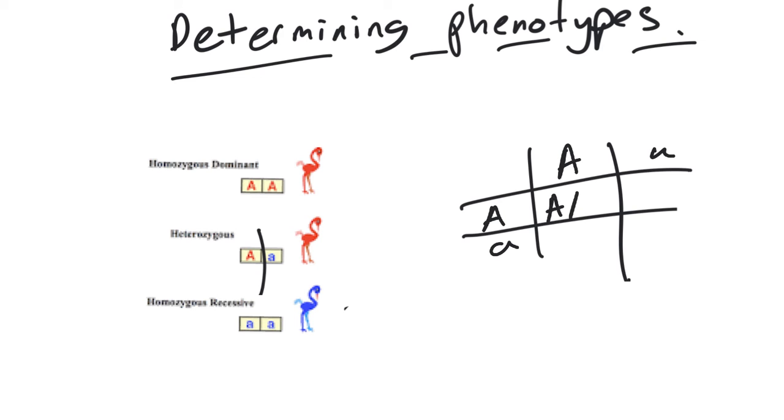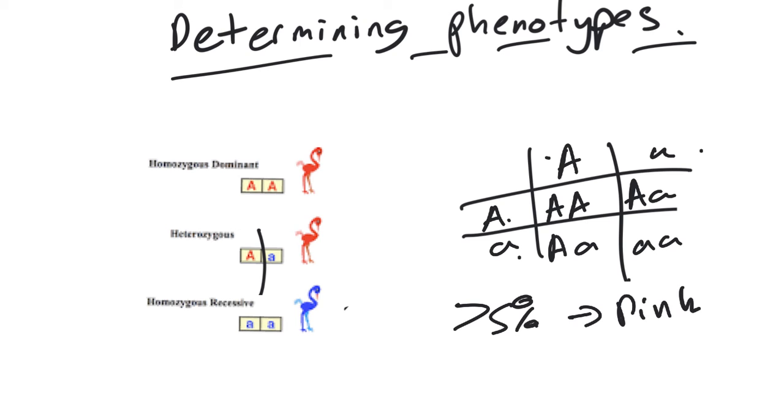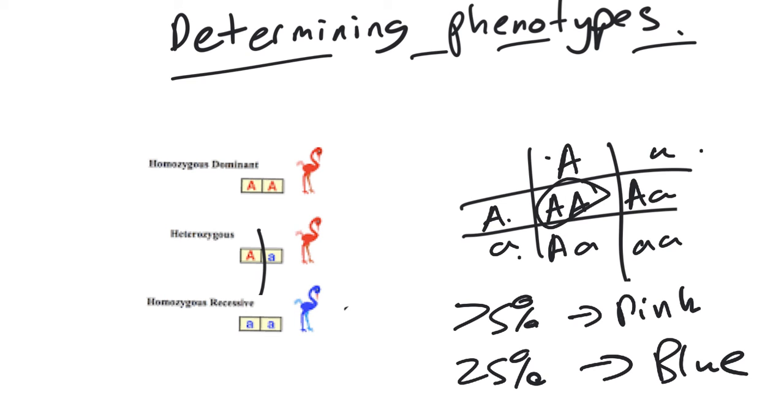So we've got 1 big A, 1 big A, 1 big A, 1 little a, here and here. And 2 little a's. So this time, if we look at the percentages, we can work out they would have different colour coats. So we'll have 75% of my offspring pink, 25% blue, and what you have is 1 homozygous dominant, 2 heterozygous individuals, 1 homozygous recessive.